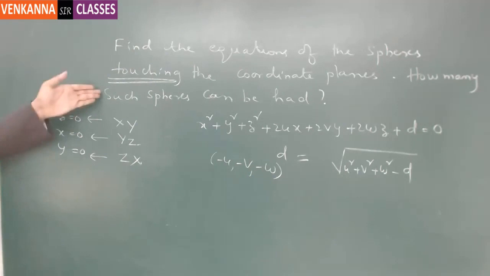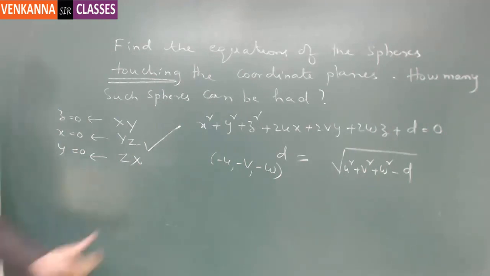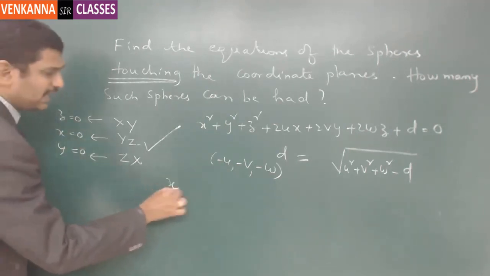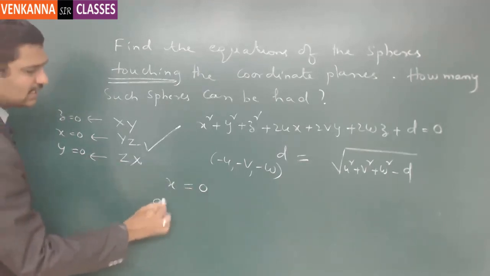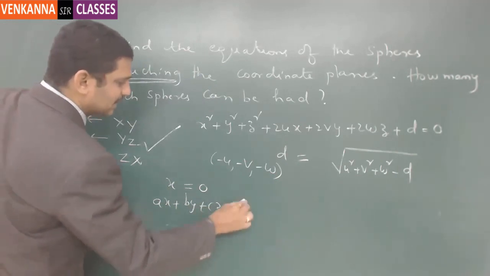You can consider any one plane. So let us take, I have taken the yz plane, whose equation is nothing but x equal to 0. So let us apply the distance formula for the center and the plane. So here we need to understand that the plane x equal to 0 can be understood in such a way that it is of the form ax plus by plus cz plus d is equal to 0.